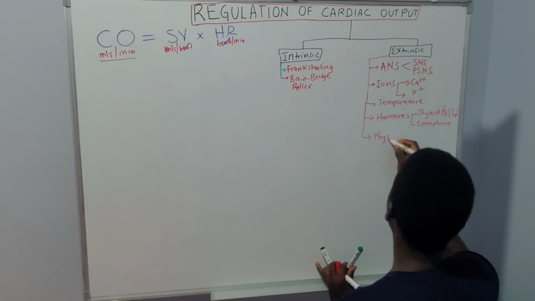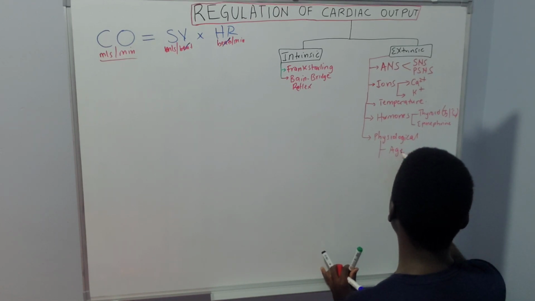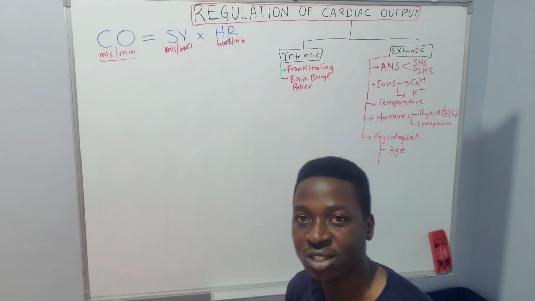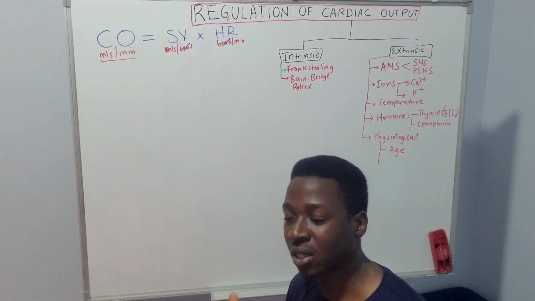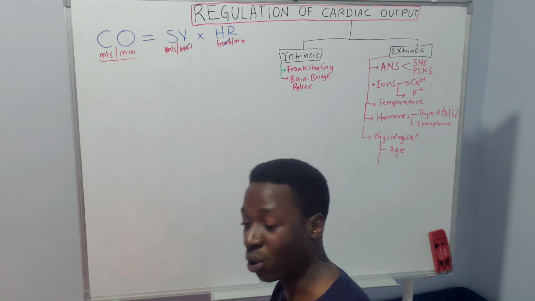Some physiological variations: we have what we call age. Age can bring about changes in your cardiac output, whereby when you're young, as a neonate, your cardiac output will be different from that of an adult, and even when you grow old.